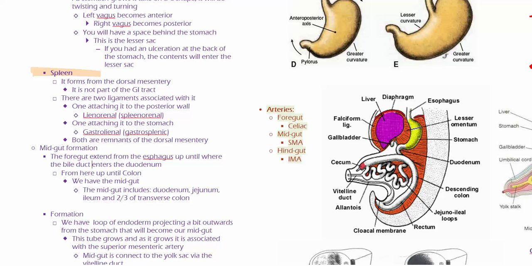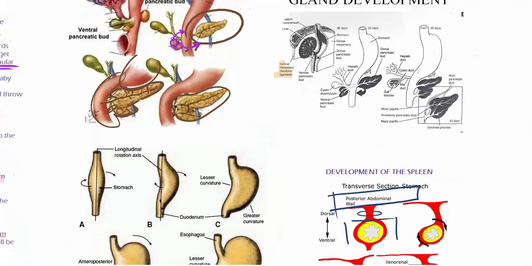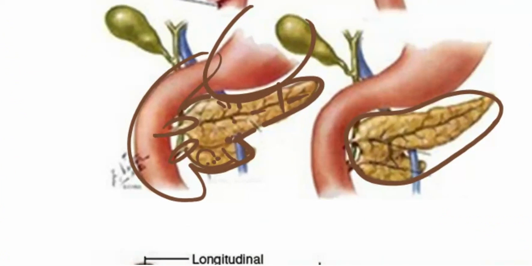And then there are two little ducts that go off of the buds. The one on the ventral is the minor, and the one on the dorsal is major. It's the opposite of what you said. Oh, yeah, it is. So just remember, the major one is on the little one, and the minor one is on the big one.